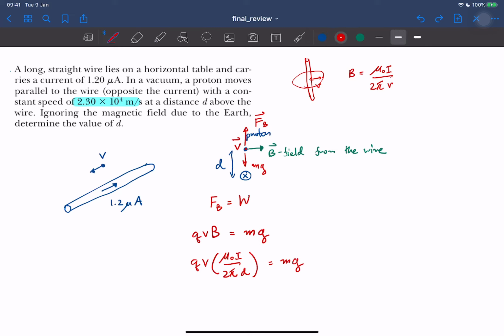You just need to solve for d in this case. All right. So it's actually not too complicated for this one. Again, I'll ask you to complete this one by just putting it into the calculator. Okay, any questions here?